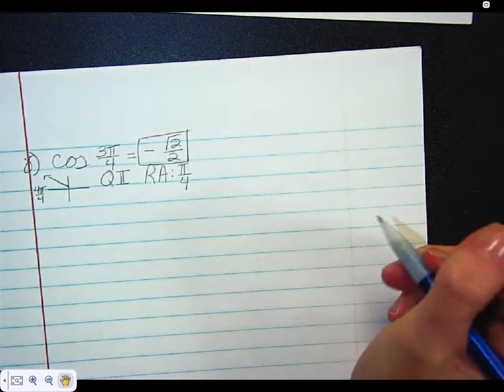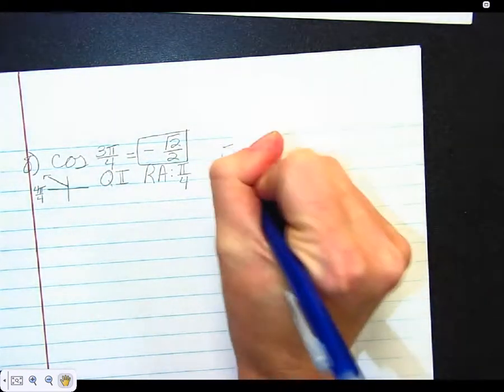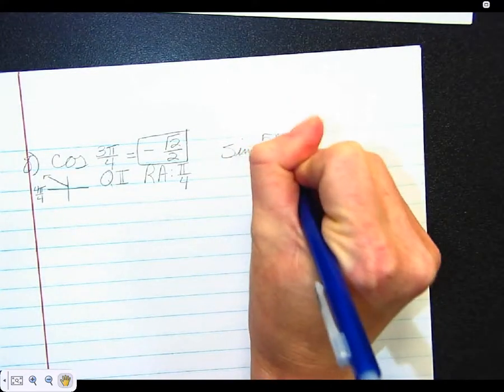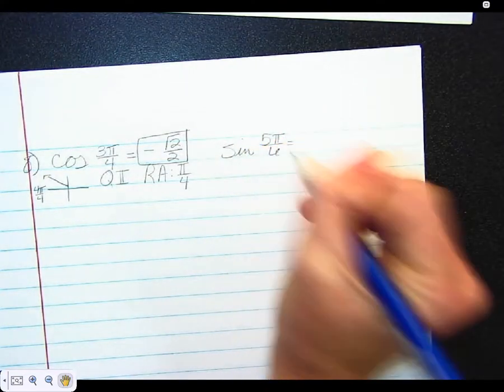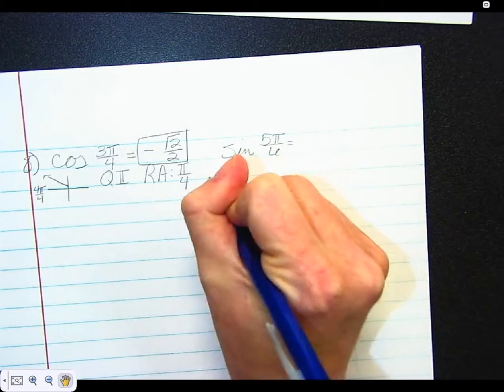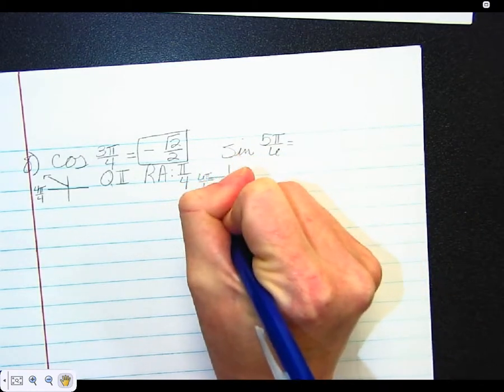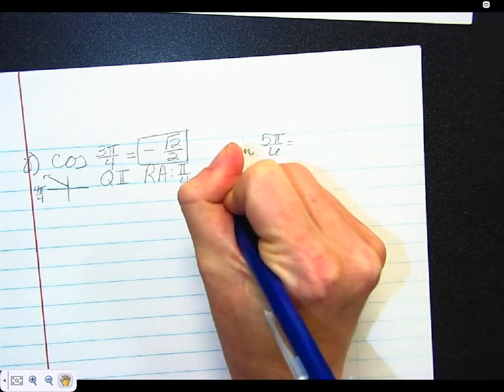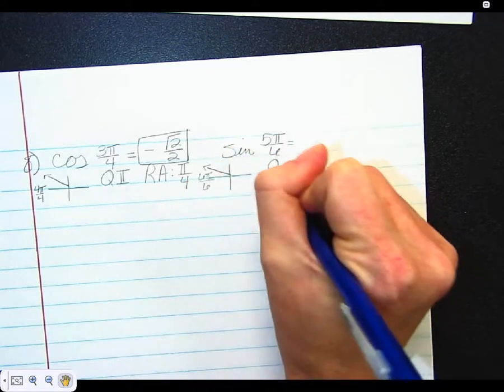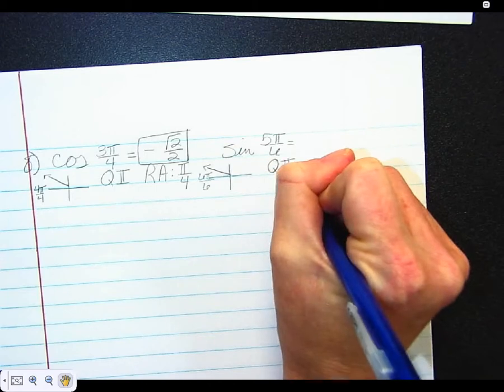All right. Also on number 8, they ask you to find the sine of 5 pi over 6. Let's do the same prep work here. So 5 pi over 6, again, I know this is 1 pi right here, or 6 pi over 6. So I know 5 pi over 6 is going to be just 1 back right there in the second quadrant. So we're still working in the second quadrant.